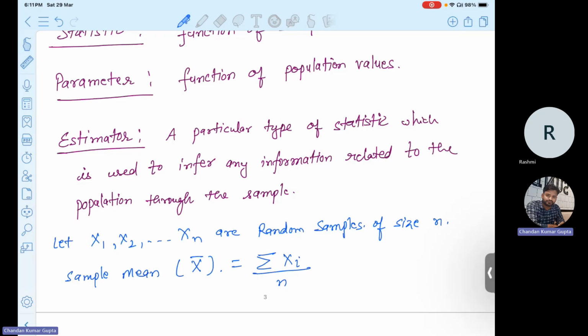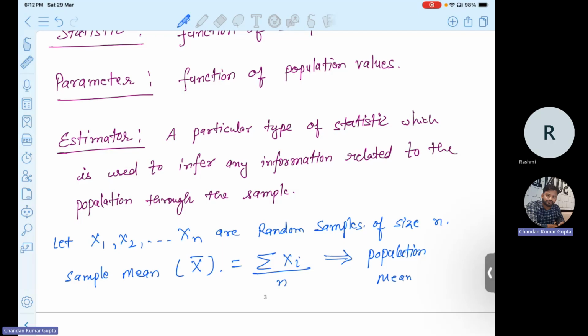This sample mean is used to estimate the population mean, most of the time or all of the time. So the population mean is a parameter, and the sample mean is a statistic. But since the sample mean is used to estimate the parameter, this sample mean, x bar, is called an estimator.